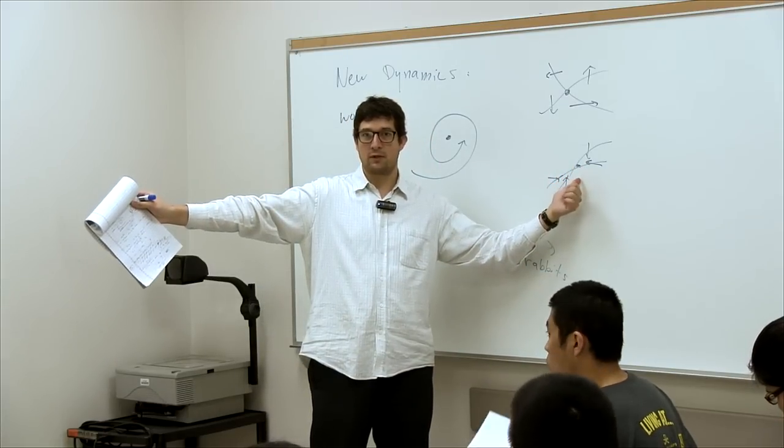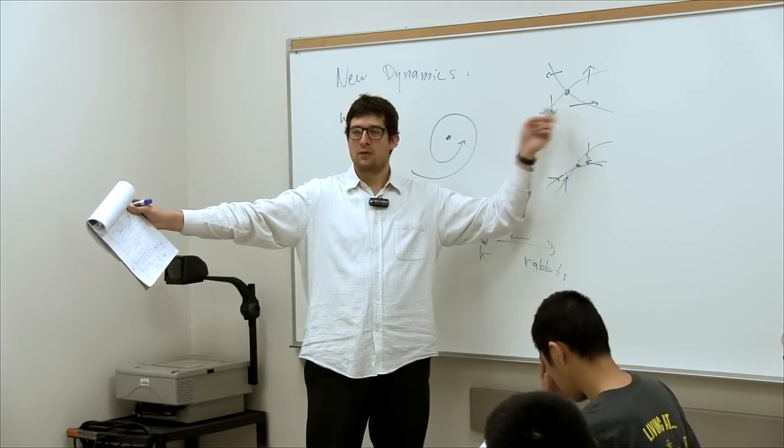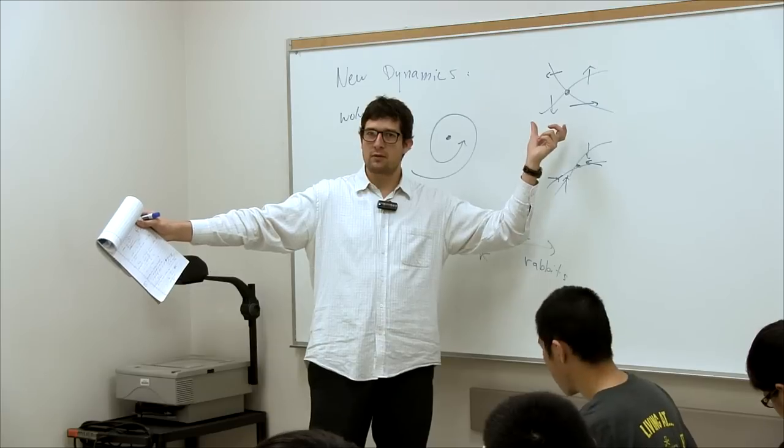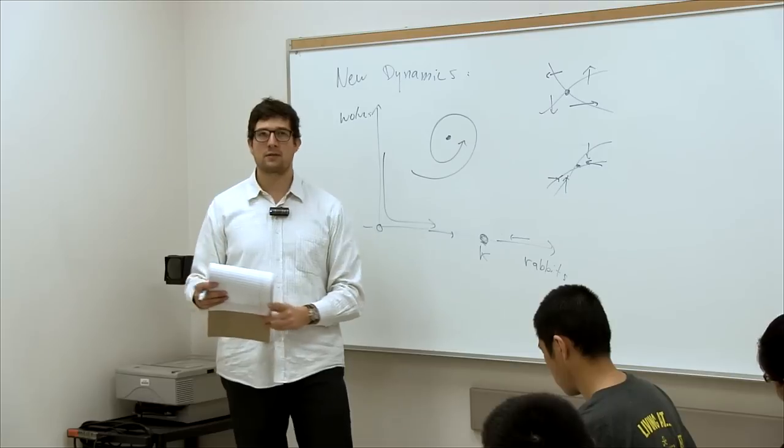You know that it's a stable node. It doesn't actually oscillate. But if it looks like this, then the system actually oscillates. So you can tell whether it's oscillating or not, and whether it's a saddle or not, by looking at the nullclines.